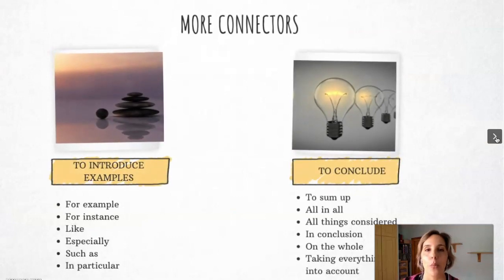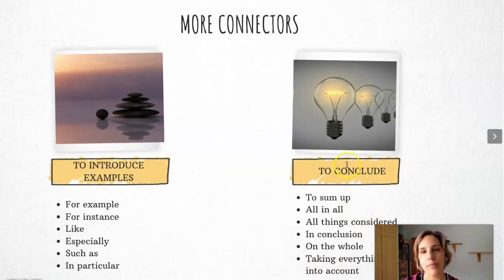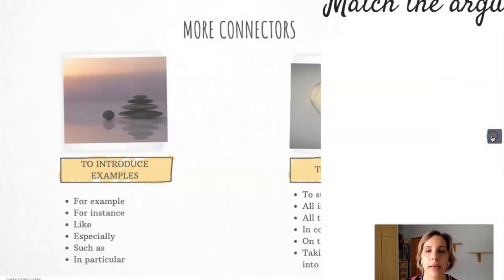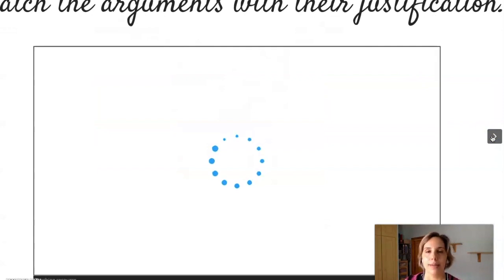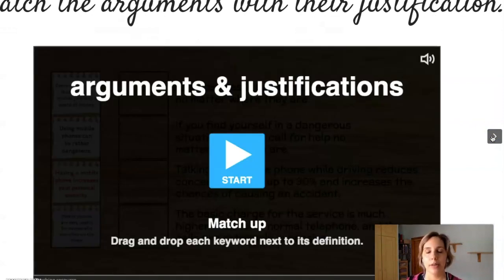When we said that apart from talking about our pros and cons, we should provide justification with examples, here are some of the expressions that you might use. So don't forget to use them. And finally, in your conclusion, you can choose one of these expressions to begin your conclusion paragraph. Obviously these are just some examples. You might use similar connectors.